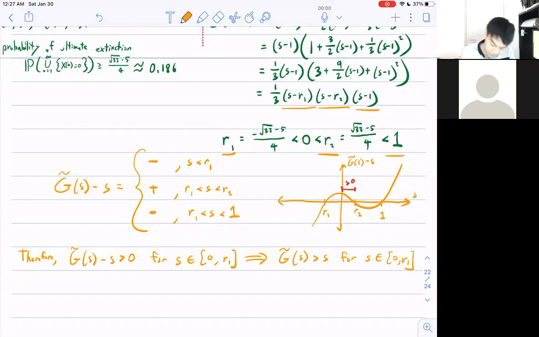Why? Because we know that g of s is greater than or equal to g tilde of s by our part B result, which we then show is greater than s itself. So this inequality right here is true for any value of s between 0 and 1, and this inequality right here is true for any value of s between 0 and R1. So that means this is actually true for s in the interval 0 to R1.